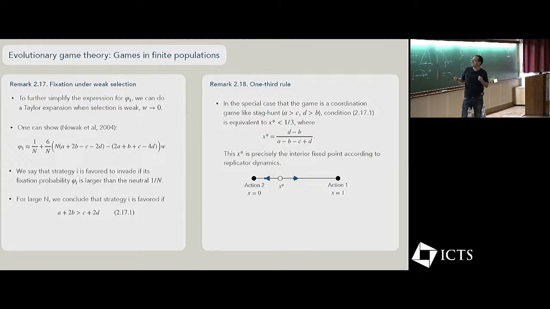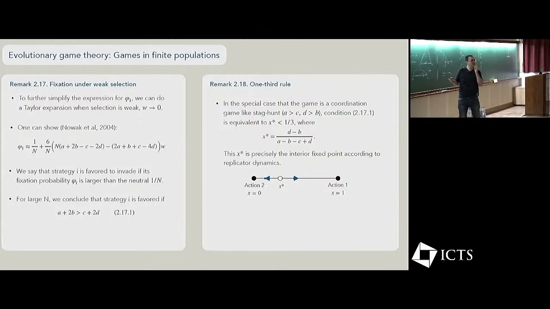You can tell from the position of this fixed point whether or not strategy 1 is favored by selection. Namely, if this fixed point is smaller than 1/3, this strategy is favored to invade. If it is larger than 1/3, it's disfavored.